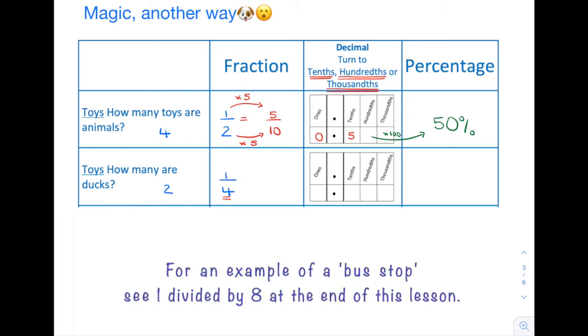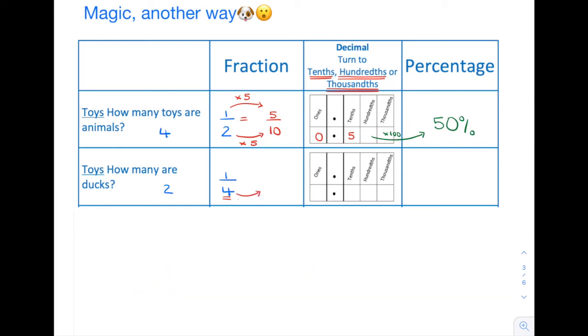Try doing a bus stop and you'll see that yes, it does, 25 times. So multiply the 4 by 25 and the 1 by 25. One quarter is the same as 25 100ths.